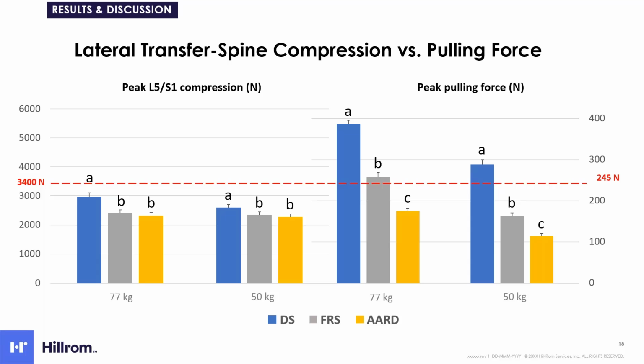Other aids are only effective for lighter or medium weight patients. Therefore, when choosing what repositioning aid to use, patient weight should be considered, because patient weight determines the normal force of the friction that needs to be overcome when moving the patient.